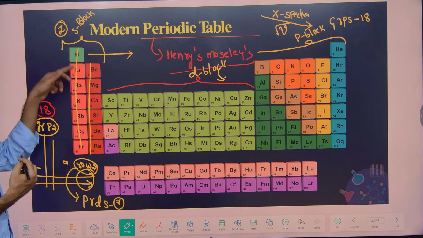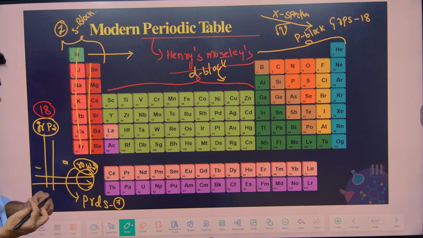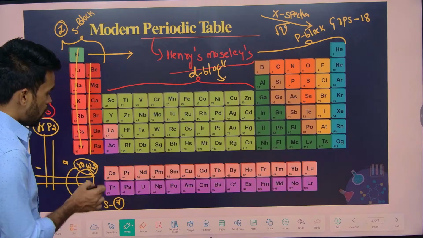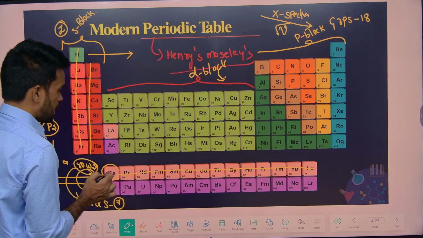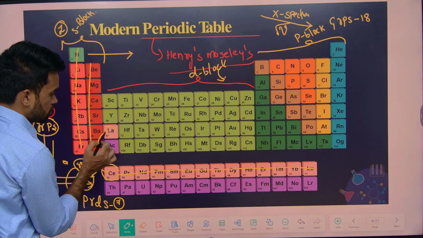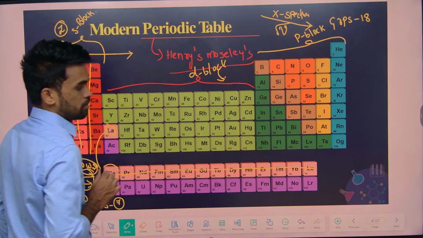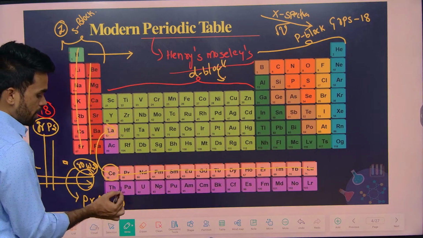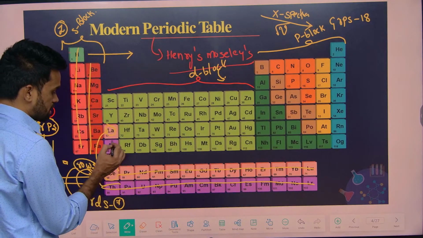Sir, you are only counting this, why not these 2? You should say 9 now. Why are you saying only 7? Because all these series elements lie here, at lanthanum, 57. At that position only, all these elements will be lying. And all these elements are located exactly at the actinium position.